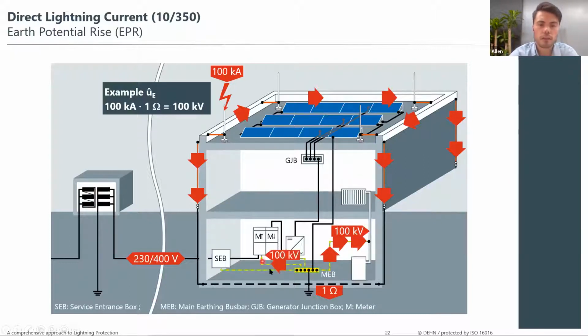This high potential difference between the 100 kV that's now on your earth bar, which feeds into all your electrical equipment, and your 230 volt electrical supply, this high difference in voltages can cause flashovers or sparking. And that's bad for an electrical installation, because it damages your electrical systems, and it also gets a chance to actually start or create a fire condition.